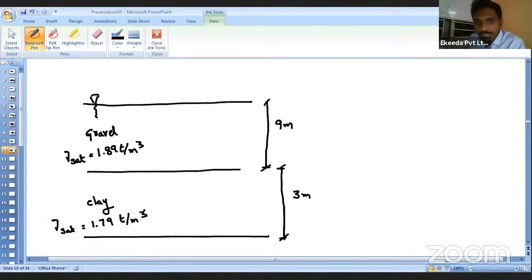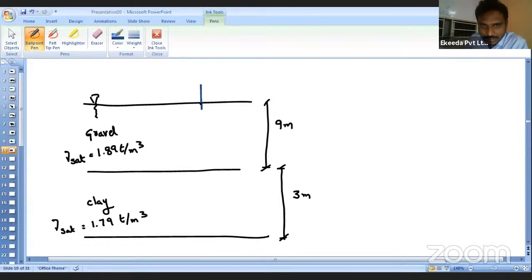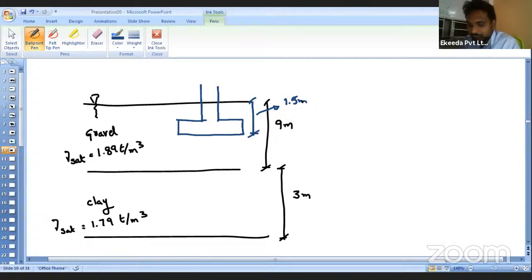Here, let us say the foundation is constructed like this, up to a depth of 1.5 meters. If this is the case, then we have to find out the settlement happening in the soils.